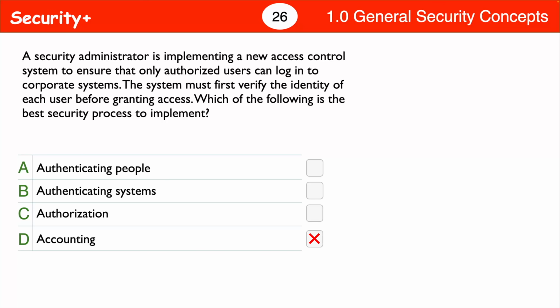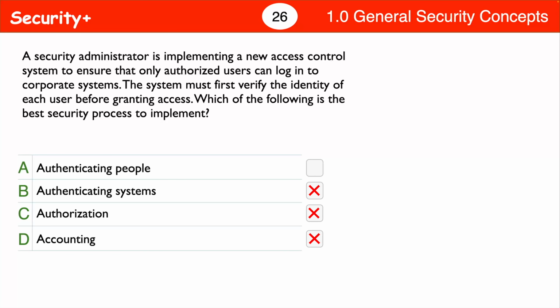Next, we can eliminate B, authenticating systems. This refers to verifying devices or services, such as mutual authentication between servers or certificates used for secure communication. And finally, we can eliminate C, authorization.